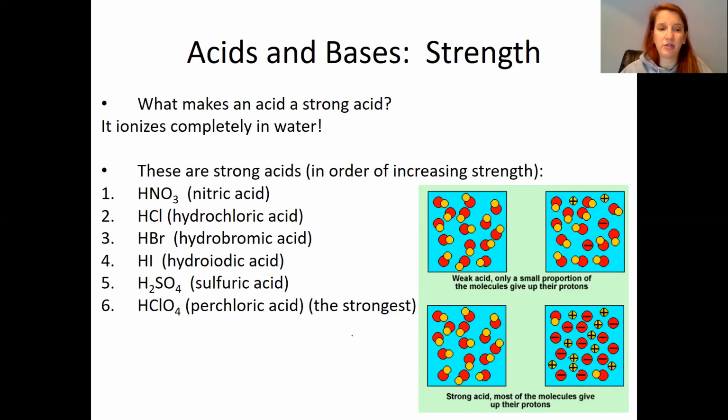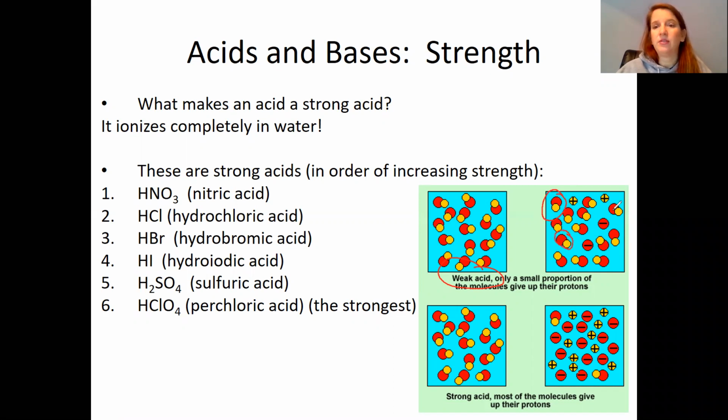So when you look at this picture over here, you're going to see that with the weak acid, not all of the particles are going to dissociate and break apart into ions. Once you add it into water, you still have some acid molecules that haven't broken apart, but you do have some that have separated into ions. So weak acids do not dissociate completely.